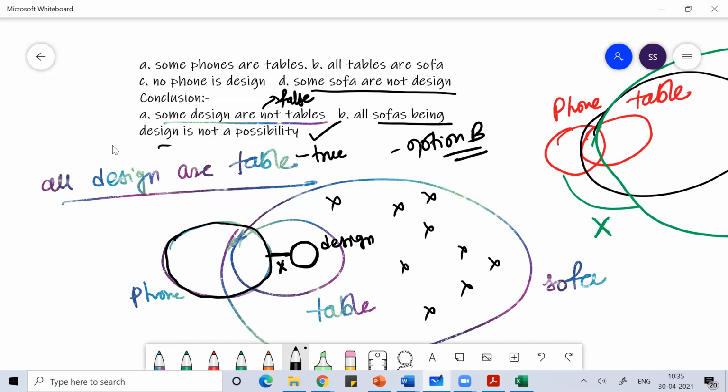That means all designs can be sofas, but all sofas cannot be designed. Because if all sofas become designed, then some sofas not designed cannot be.